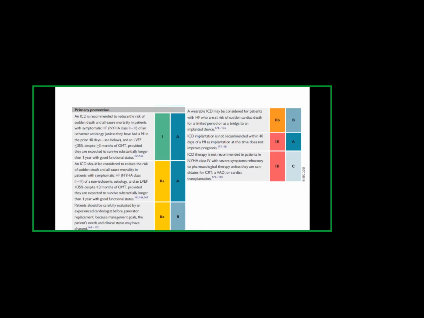Okay, so if the patient is NYHA class 4, ICDs are not recommended if the symptoms are severe and refractory. The teaching is that you should do other things first. You should either consider a CRT, consider an assist device, those things we'll still talk about, or refer for transplant before considering an ICD if the patient is in NYHA class 4.